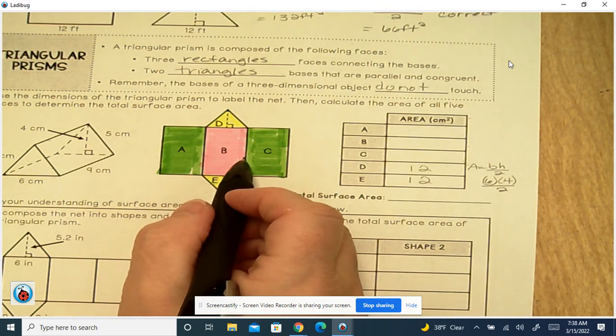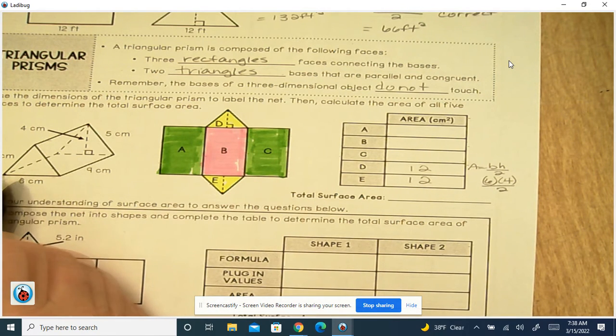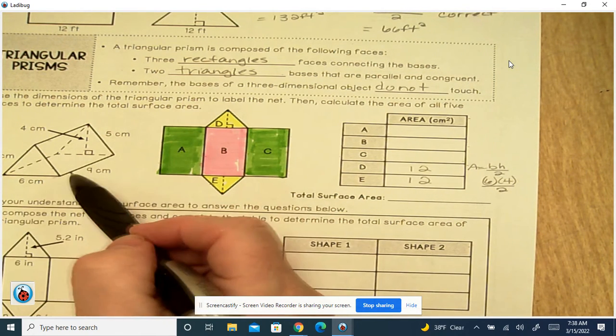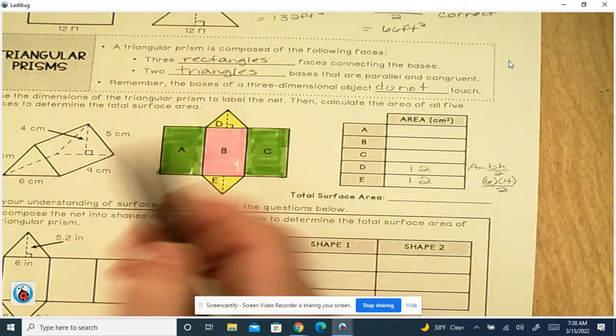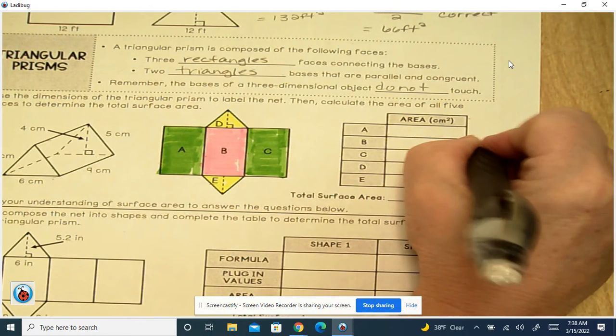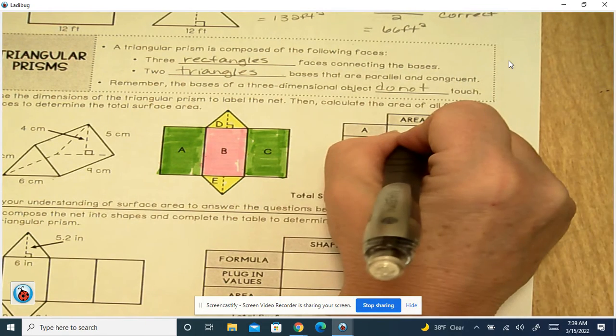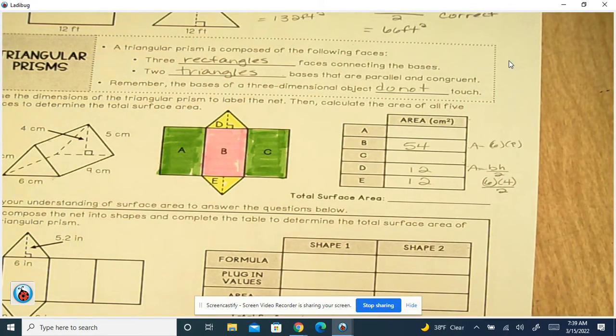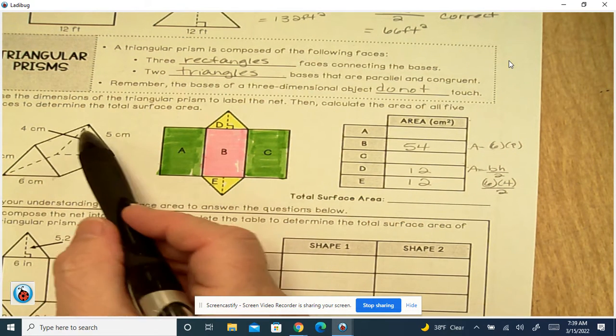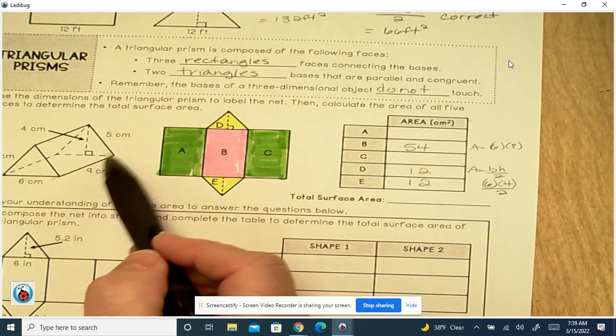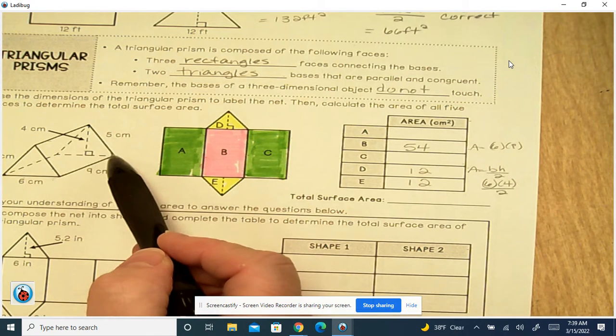B in the middle has a base of 6 and a height of 9. So that's going to be 6 times 9, which is 54. A, which is one of these two here, has a base of 9 and a height of 5.